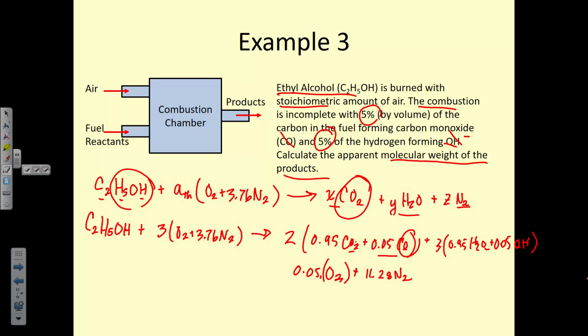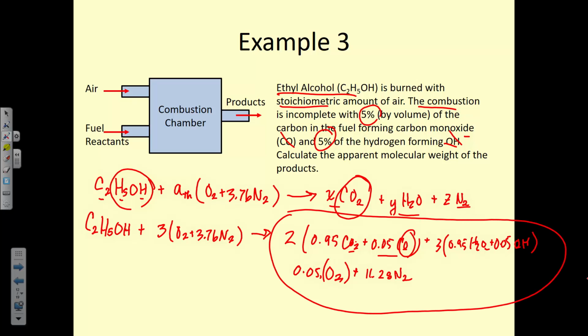And we want to find the apparent molecular weight of the products. So the products are on this side of the equation. We need to know the molar masses of each of these individual components. So we need to know the molar mass of carbon is equal to 12 kilograms per kilomole. Hydrogen is equal to 2 kilograms per kilomole.